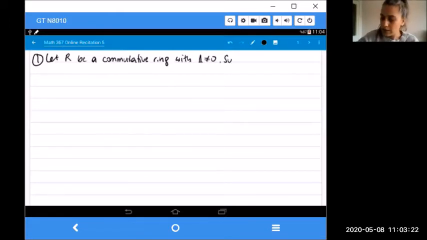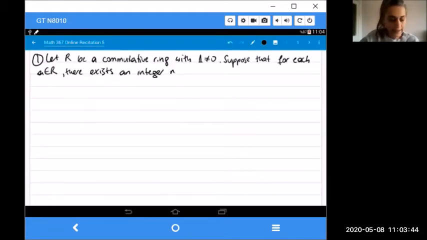Suppose that for each a in R, there exists an integer n greater than 1 such that a to the n is equal to a. Under this condition, we are going to prove that every prime ideal is a maximal ideal.